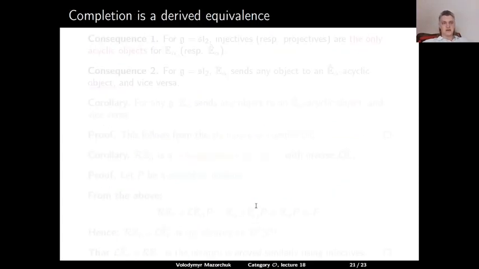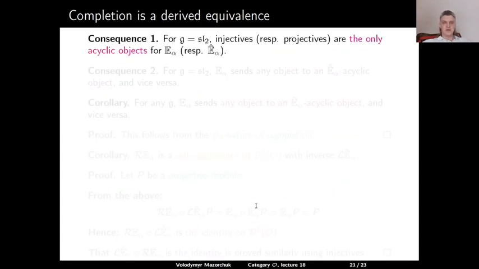But this has several consequences. So the first thing, which is very easy to observe from this computation, is that for the Lie algebra SL2, injectives are the only acyclic objects for the Enright's completion, and projectives are the only acyclic objects for the dual of the Enright's completion.